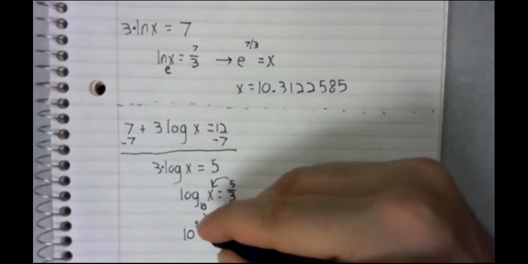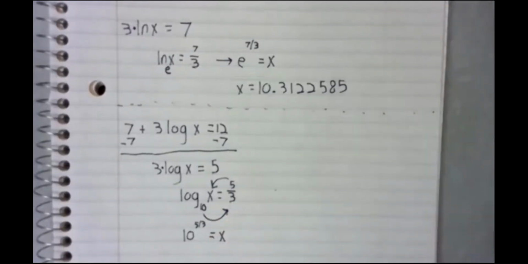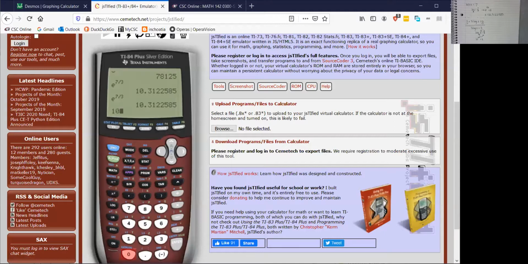10 to the 5/3 equals x. And as for what 10 to the 5/3 is, 10 to the power of 5 divided by 3, 46.41588.